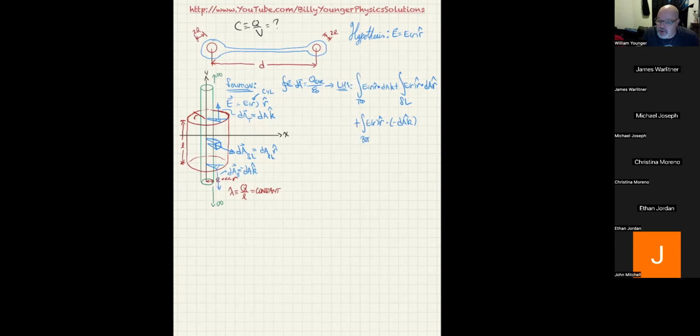Like, why do I choose, for instance, a soup can here and a sphere on the sphere? And then, for instance, when I did an infinitely large plane, I used a soup can as well, but the parts of the soup can that were important were entirely different. So the best way for me to think about that is I'm making a hypothesis to see if everything pans out by working out the left-hand side.